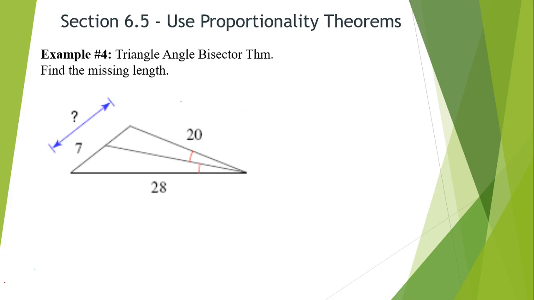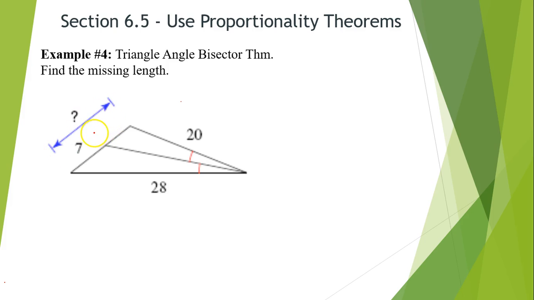All right, so in this example, this is the last example I'm going to work for you. The last 3 you're going to have to do on your own, and we'll go over those in class. But example 4, this is the theorem that we're using, the triangle angle bisector theorem. That's just another name for theorem 6.7 that we looked at. And we're asked to find the missing length, the one with the question mark.